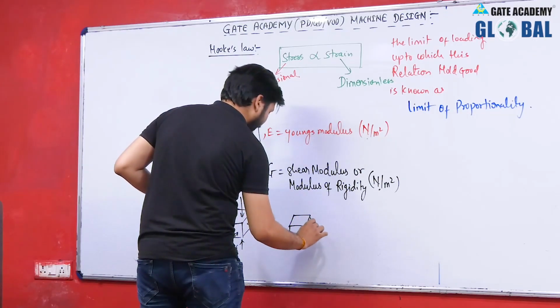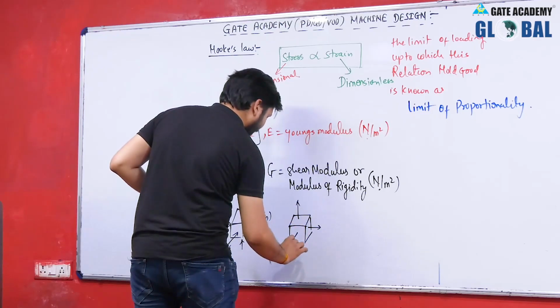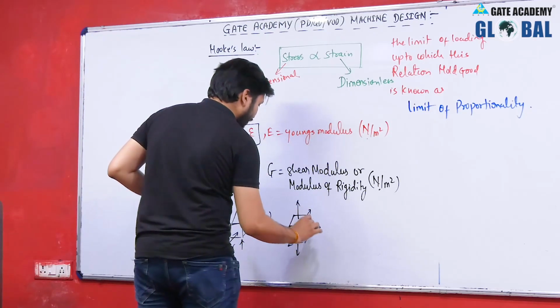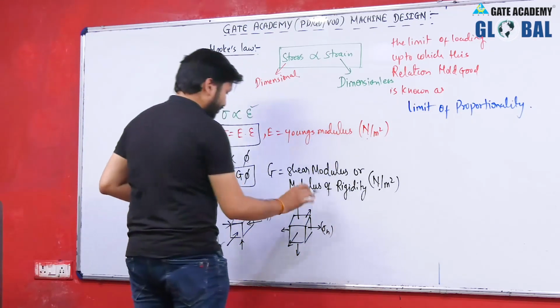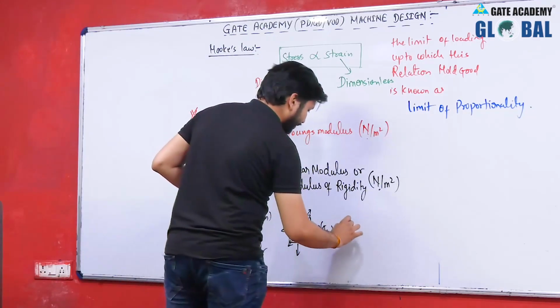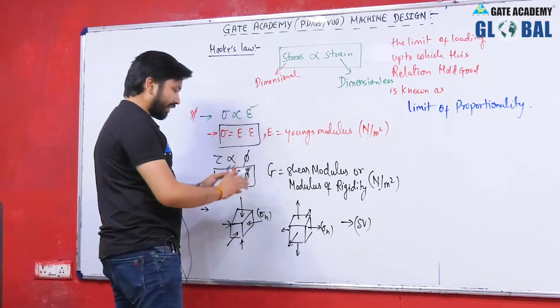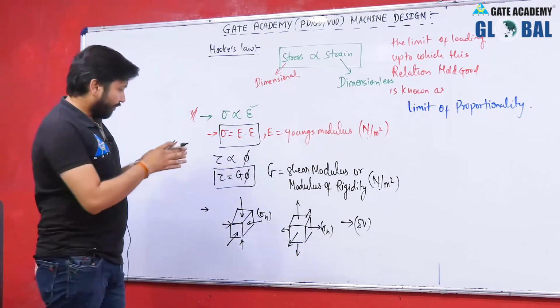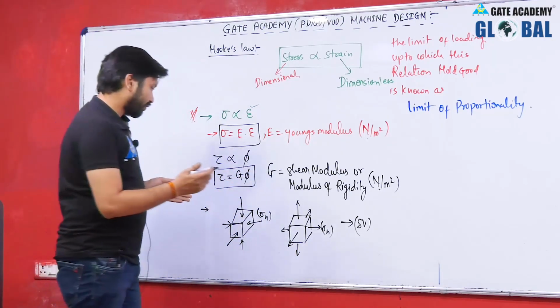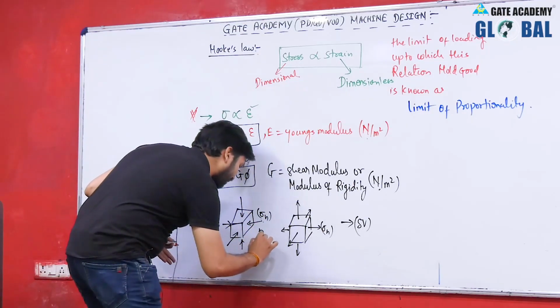If all the stresses are tensile, then also this is possible. Associated with this stress, there will be a change in volume. The stress acting normal to the cubical element in all directions is known as bulk stress.